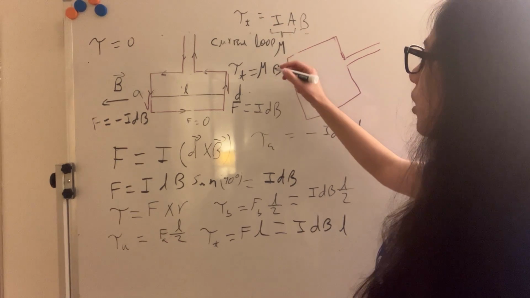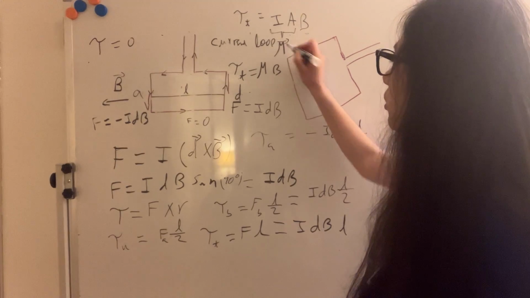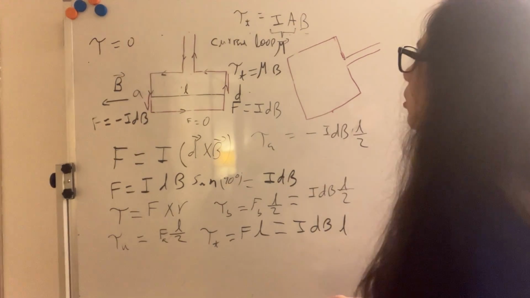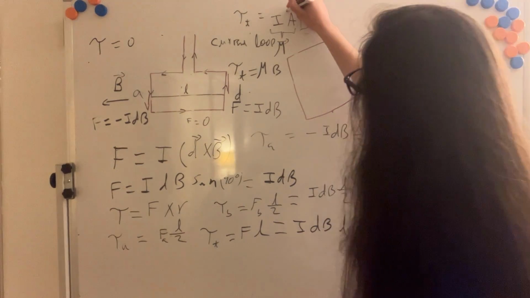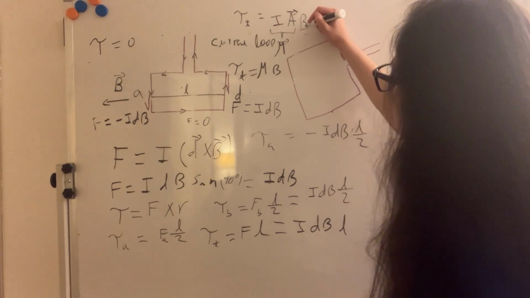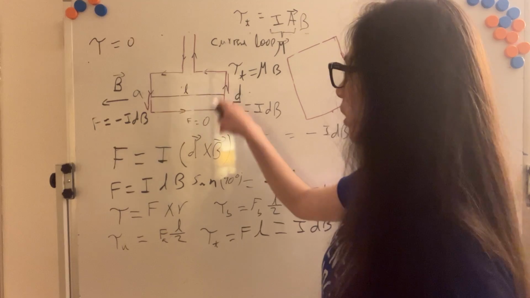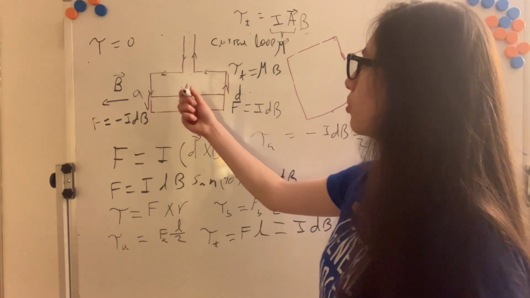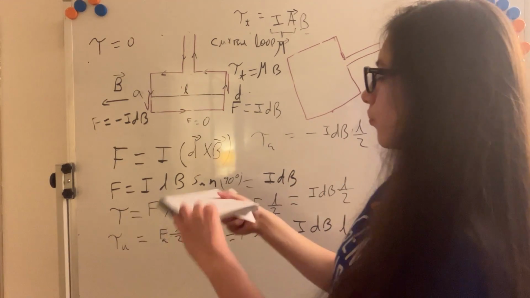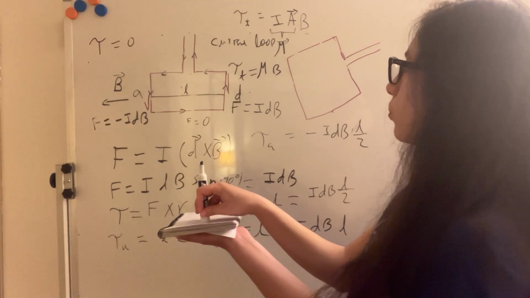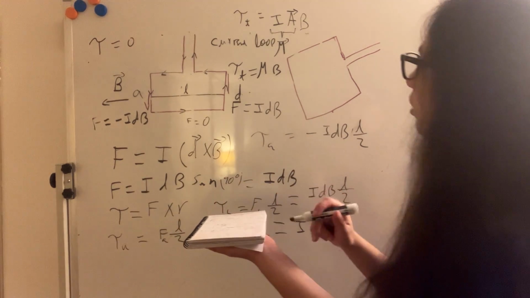If we want a magnetic dipole vector, we take the area vector, whose magnitude is the area of the current loop and whose direction is perpendicular to the loop.